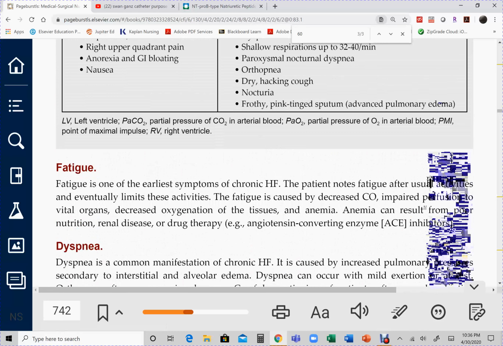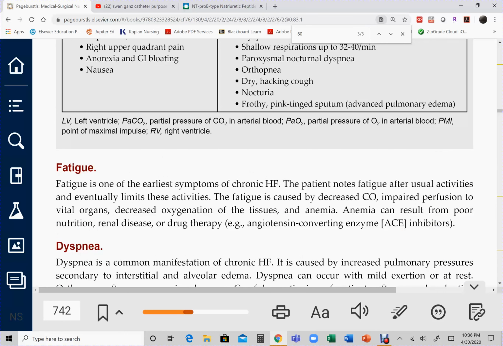So nocturia, because at night when you're lying down plus the metabolic needs drop, the heart suddenly has less oxygen needs because you're already sleeping. Therefore, the fluids mobilize and go back to the vascular compartment.